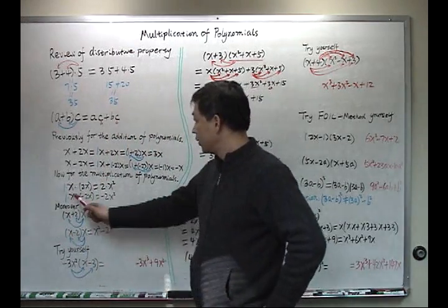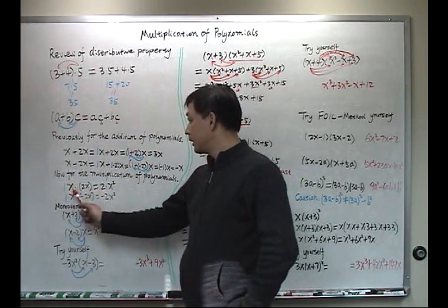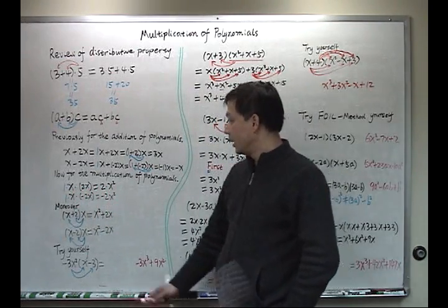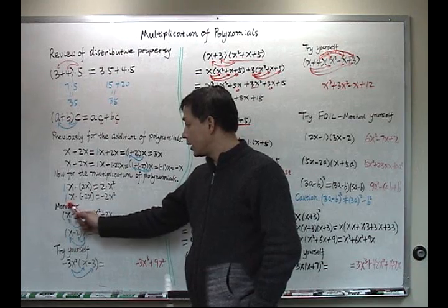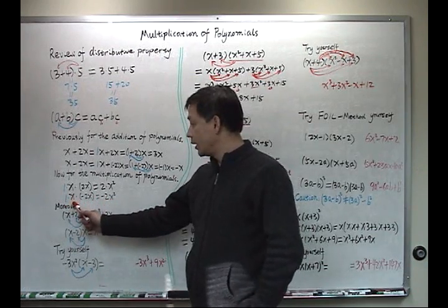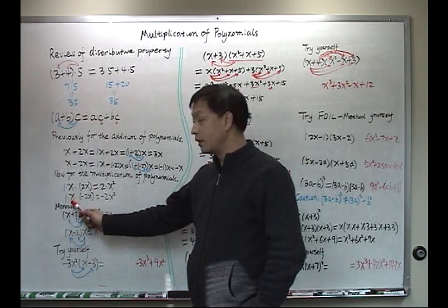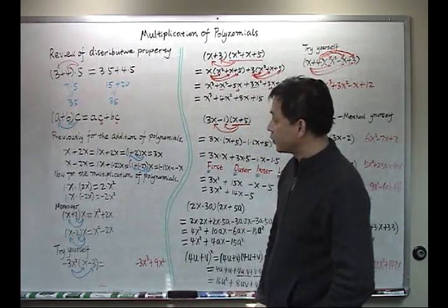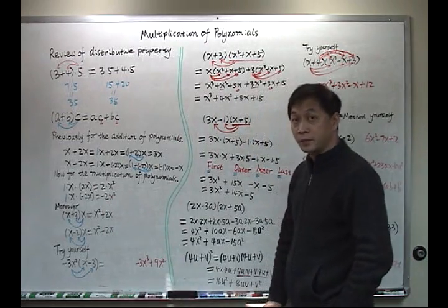So right here, 1 times 2, you have a 2. x times x, you have x squared. And then 1 times negative 2, you have a negative 2. And then x times x, then you have x squared. Okay, so it's negative 2x squared.